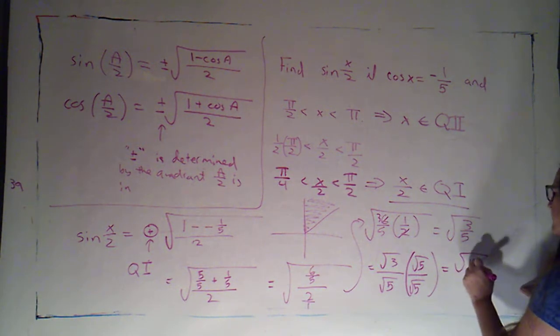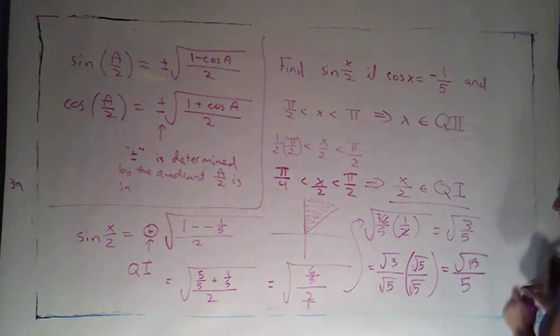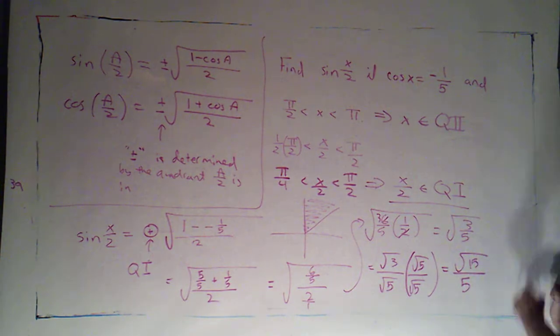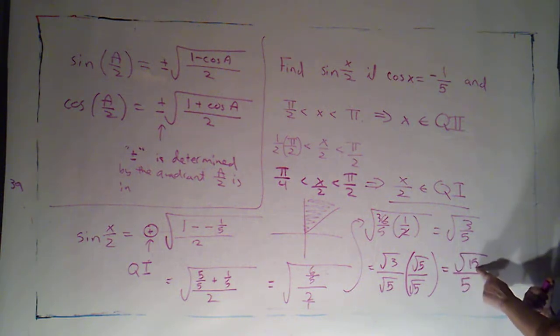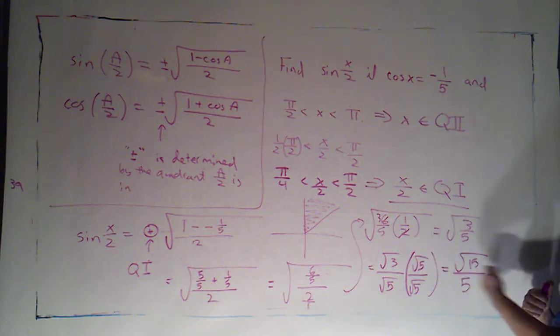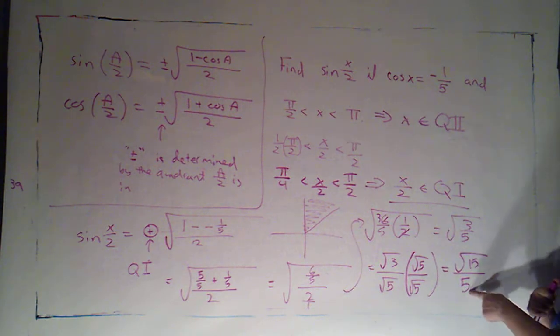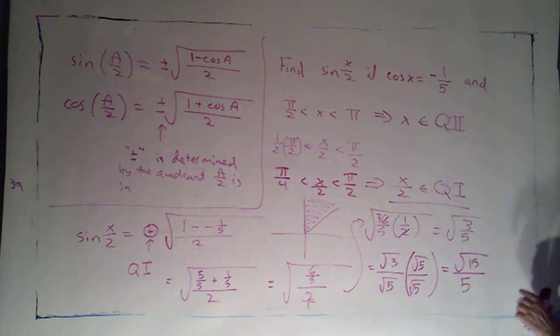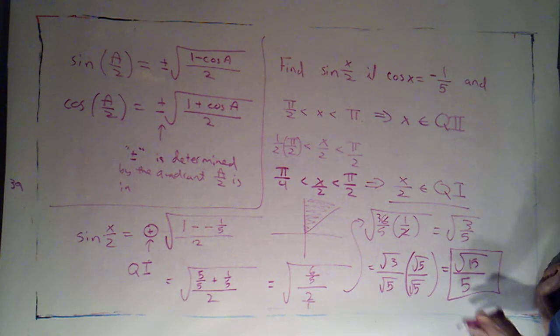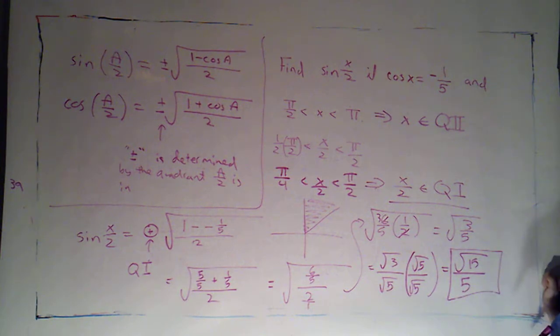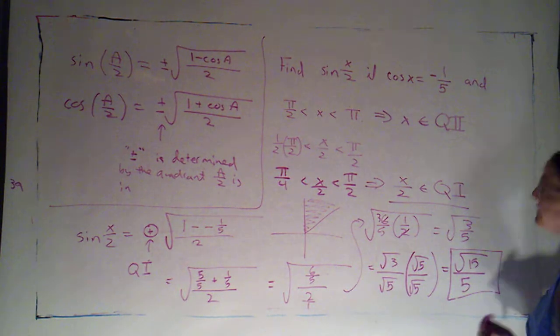And that's going to give me root 15 over 5. That's as simple as it gets. I don't have any roots in the denominator. There's nothing that I can pull out because there are no perfect squares that go into 15. And I can't cancel because I can only cancel stuff that's outside of a root with other stuff that's outside of a root. And there's nothing on top that's not under the root. So that would be my final answer in this case.